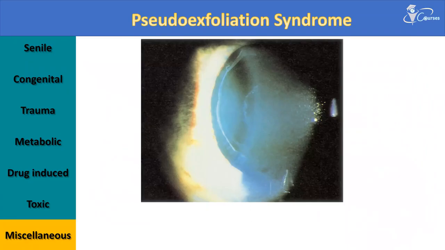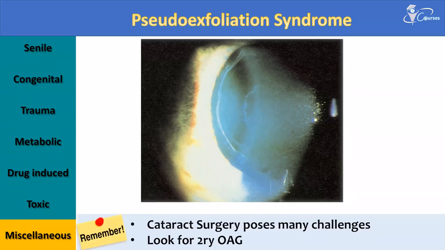Finally, some miscellaneous syndromes and associations with the lens: the pseudoexfoliation syndrome. It is characterized by pseudoexfoliative material present on the anterior lens surface, the iris, the back of the cornea, and the angle, and by development of opacity leading to cataract.